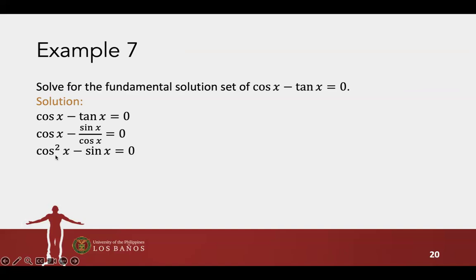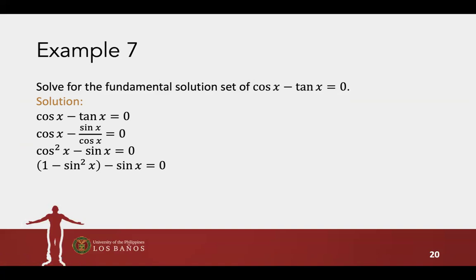But still, we have two different trigonometric functions involved. So we change one of them in terms of the other. But I think it's easier to change cosine squared in terms of sine using again our Pythagorean identity. Cosine squared x is just 1 minus sine squared x. Then minus sine x equals 0. So we see here that our equation is actually quadratic in form.